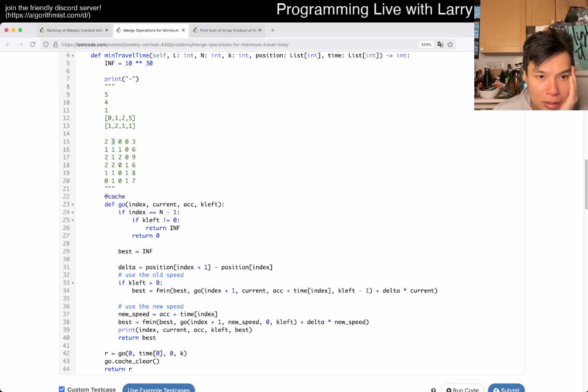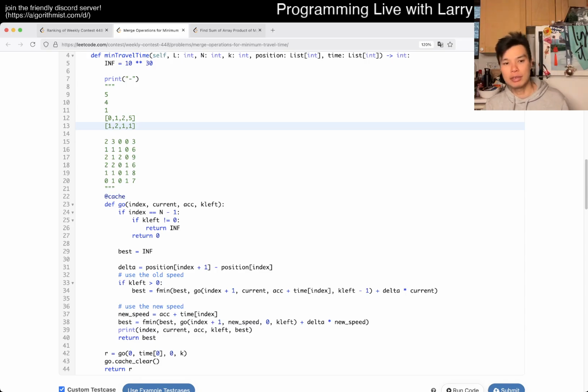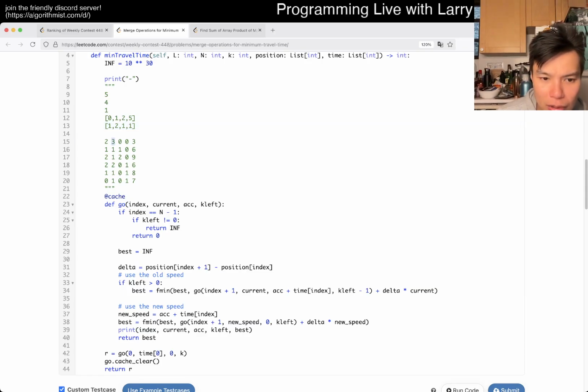No, we can use the new speed. What is the new speed? The new speed is the one that's wrong, so okay. New speed is accumulated plus 1, so it thinks it can do 1. Oh, so no. New speed is okay. Well, the current speed part is wrong.